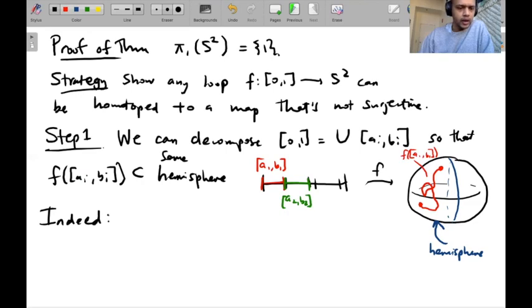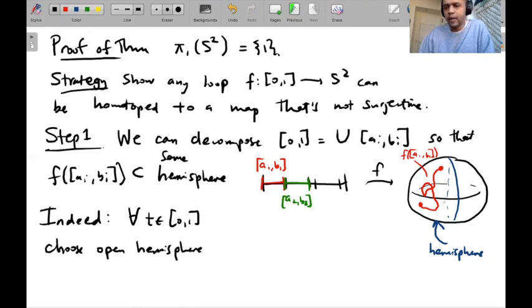So indeed, for every t in [0, 1], there exists some, well, okay, so we can choose an open hemisphere, so that means not including the equator, hemisphere H sub t, containing F of t.